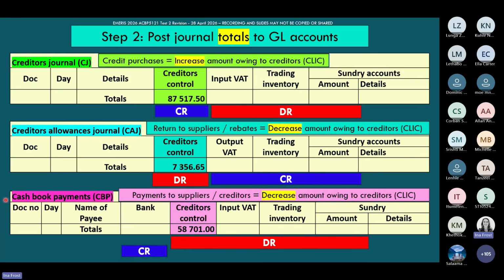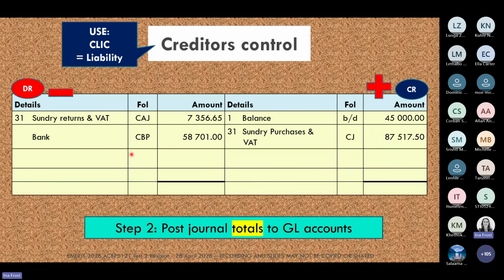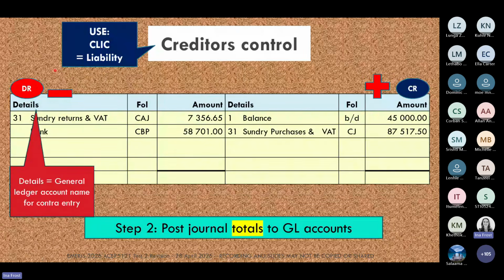These totals then will be posted to your creditors control account. Creditors journal increases the amount. Creditors allowances journal and cash book payments decrease the amount owing to creditors. When I say details, I'm looking for the contra, the general ledger account where the contra entry will be. So where's the other side of the entry?